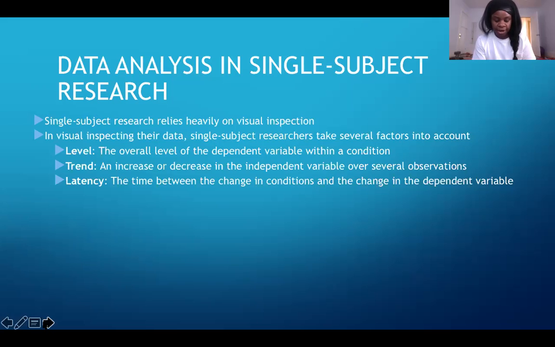If the dependent variable is much higher or much lower in one condition than another, then it suggests that the treatment had some sort of effect. Trend refers to the gradual increase or decrease in the dependent variable across all of the observations. Latency refers to the time it takes for the dependent variable to begin changing after a change in condition. Okay.